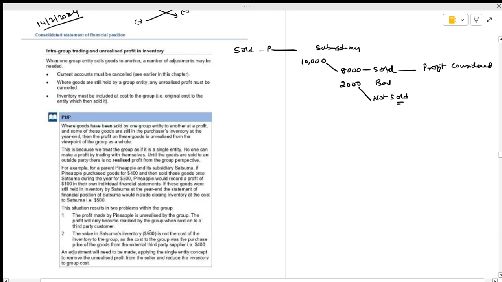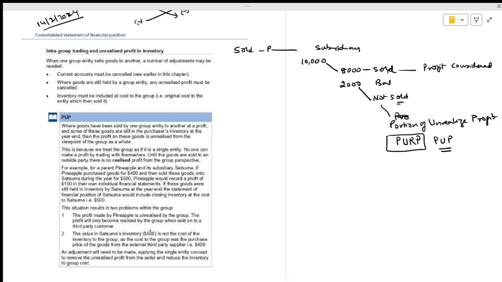Whichever is not sold, they use the word portion of unrealized profit, PURP, or PUP.